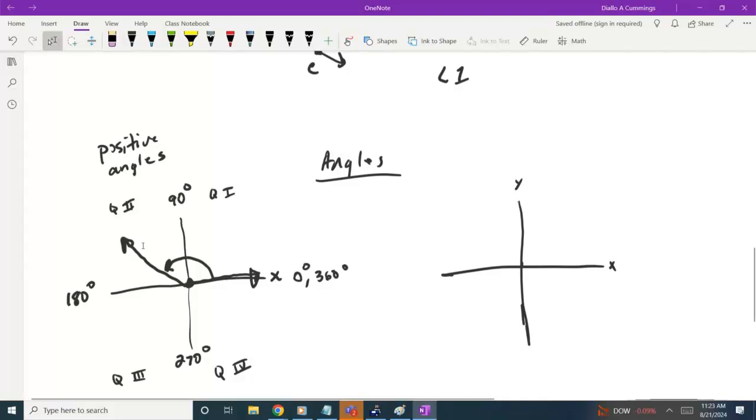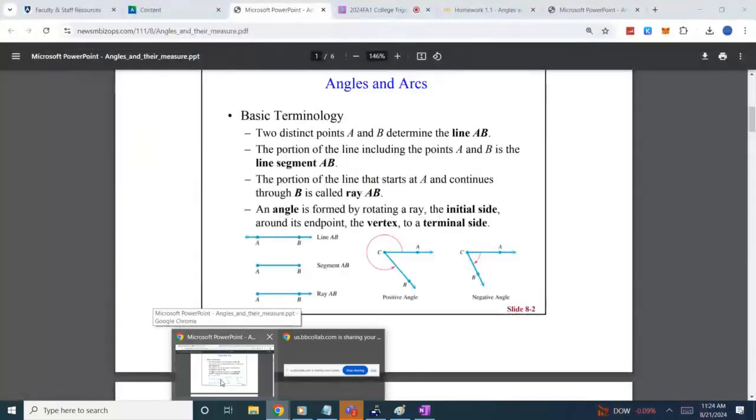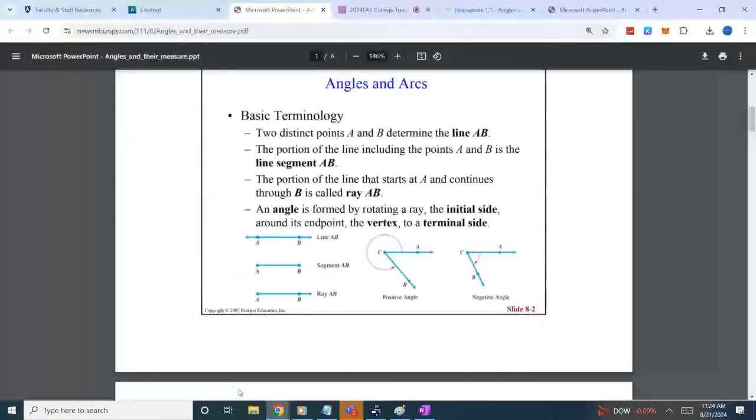So that means that any angle in the second quadrant must lie between 90 degrees and 180 degrees. All right. So this is a positive angle in quadrant 2, and it should be in between 90 degrees and 180 degrees. For negative angles, okay, well, before I get to negative angles, I'm going to pull up the exam formula sheet.